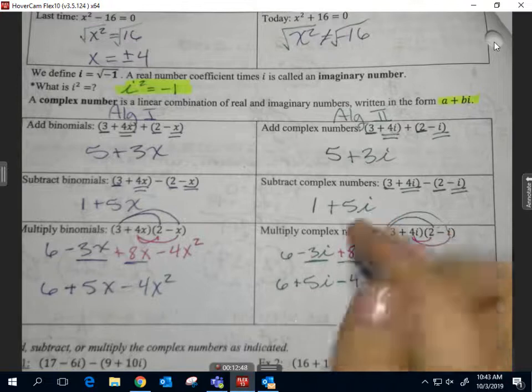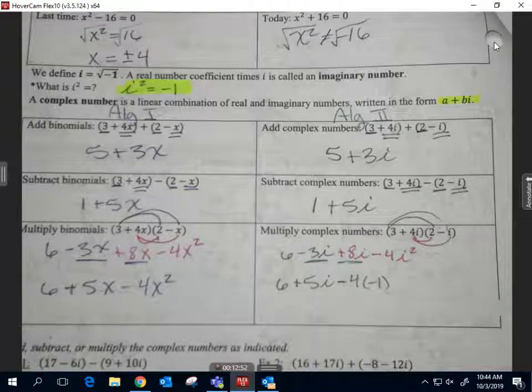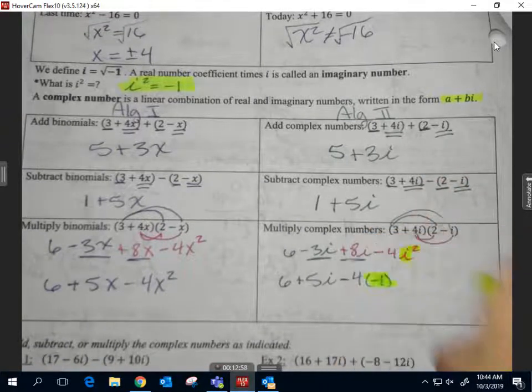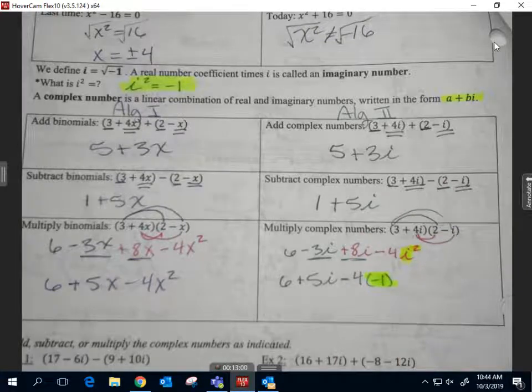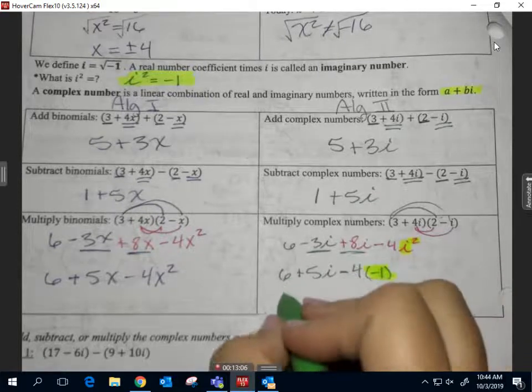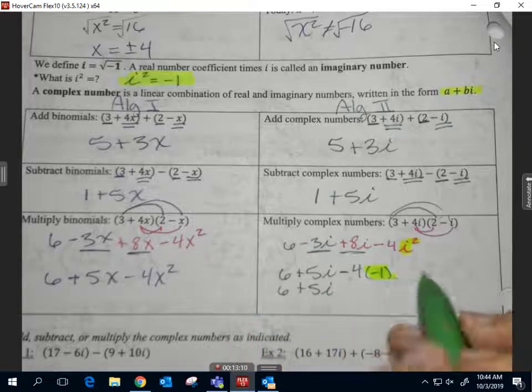So we're going to replace i squared with negative 1. So I'm replacing this i squared here with negative 1. I'm going to simplify that. We got to keep going. Like I said, we're actually going to have one more step. So now we have 6 plus 5i, and what's negative 4 times negative 1?